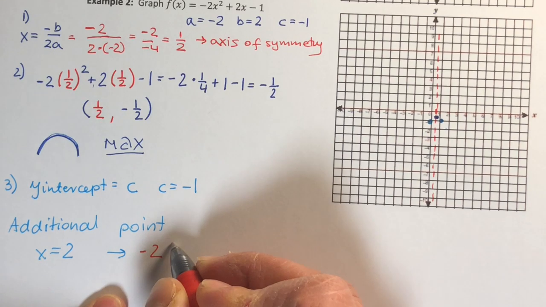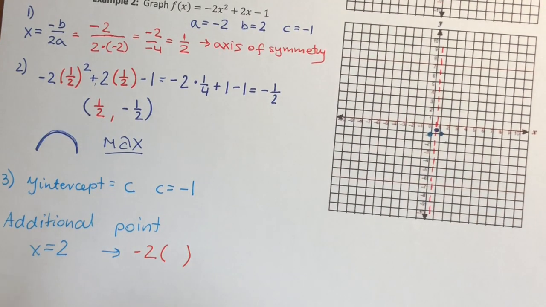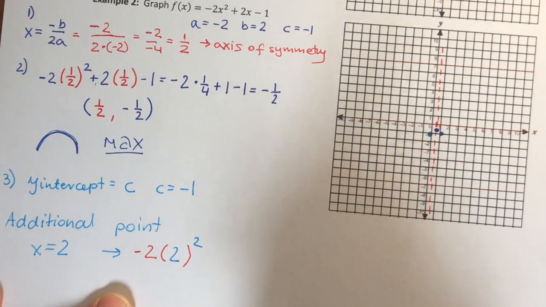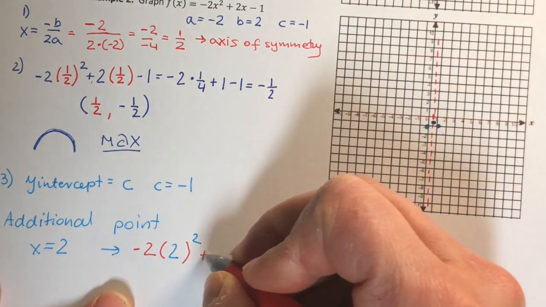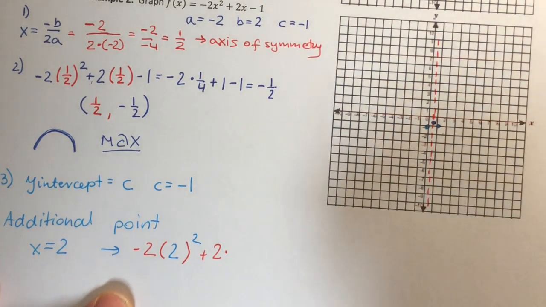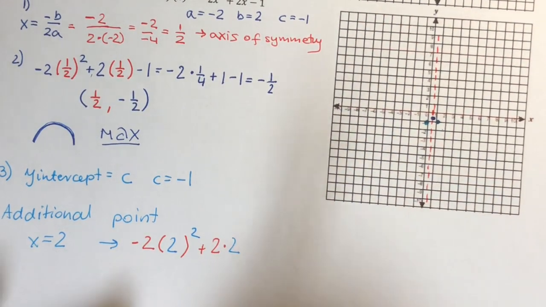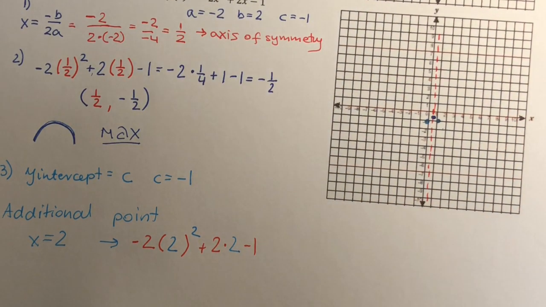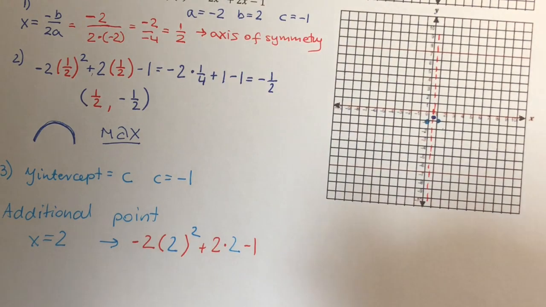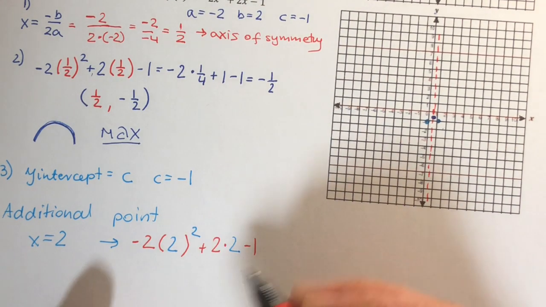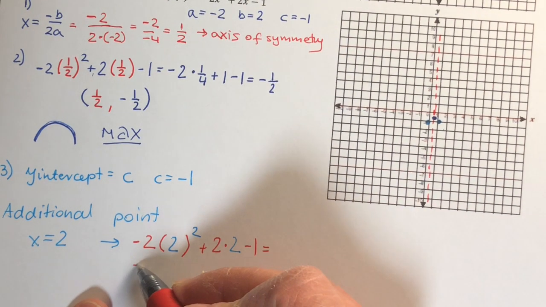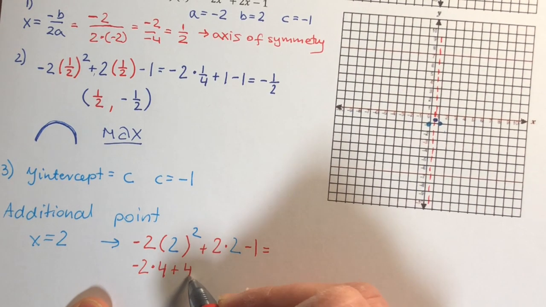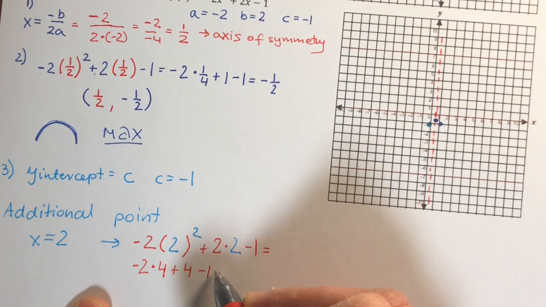So -2. Now, again, I chose the 2, so I am going to take 2 and square it. Plus 2 times, in place of x, I am going to put 2, and then -1. So what I am doing is checking what the y value is for x equal to 2. So let's see what happens. -2 times 4 plus 4, I multiplied those, minus 1.